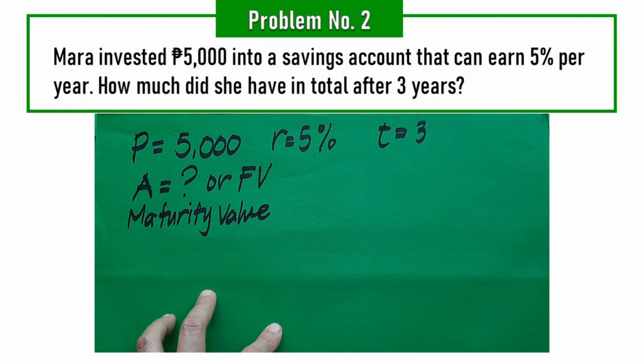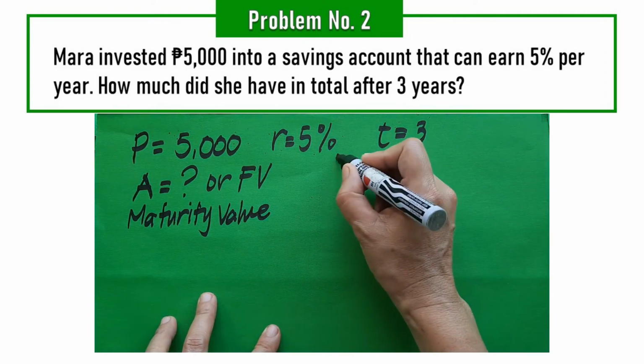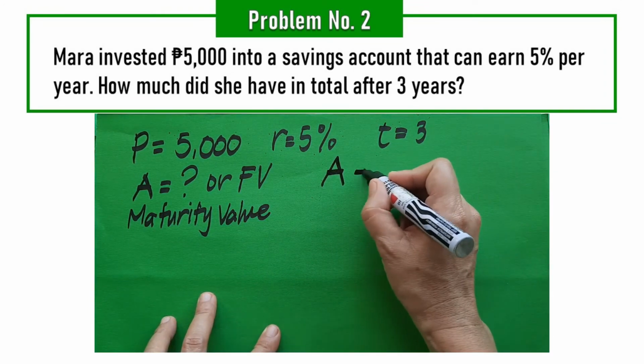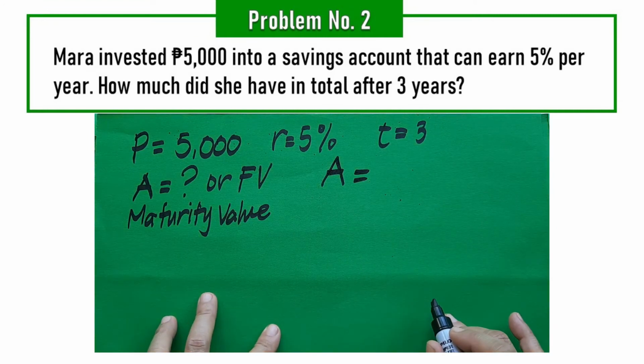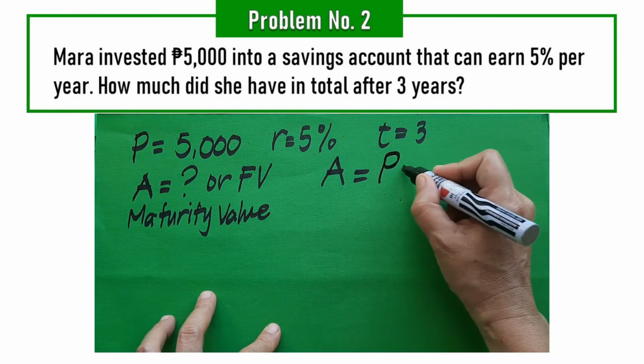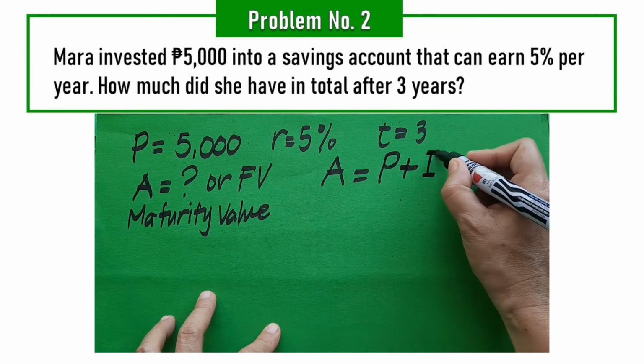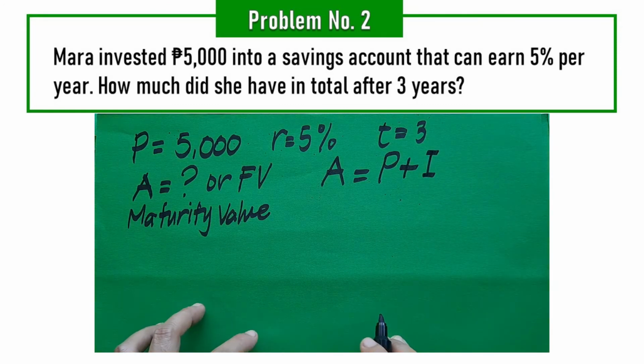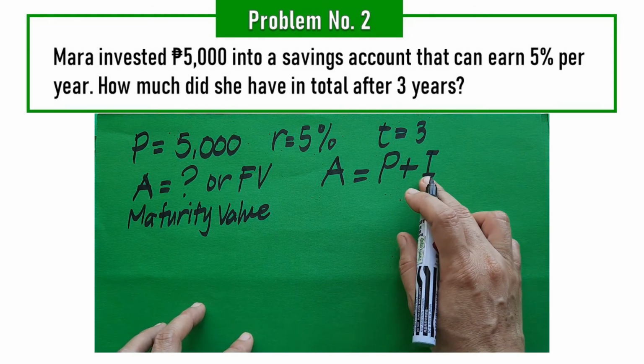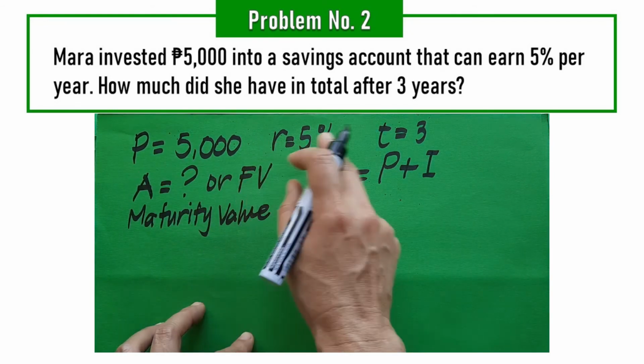Okay, ano yung basic na concept na alam natin? That the total amount is just equal to the principal plus yung tubo niya or interest. One thing na alam natin is we can compute the I kasi meron tayong PRT.